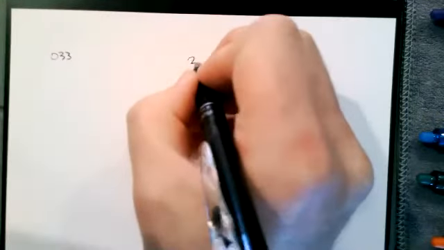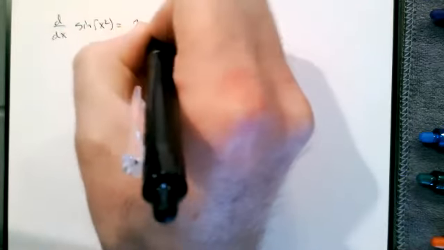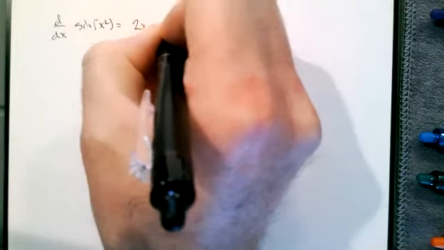Let's write that down again on the next page, page 3, so don't forget. So we know that the derivative of sine of x squared is 2x times the cosine of x squared.